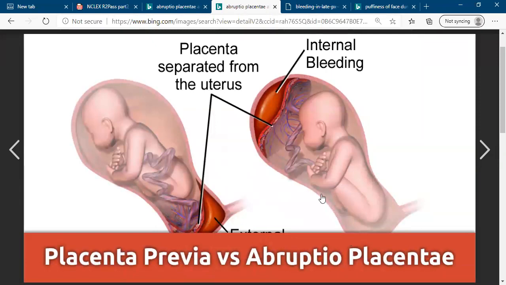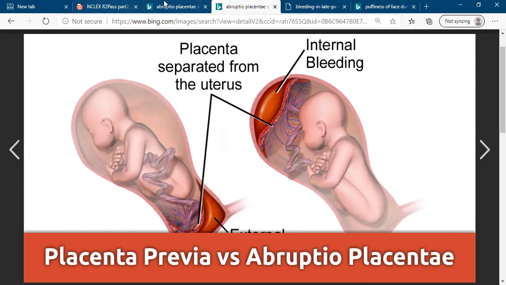And placenta abruptio: the placenta position is okay, but blood clot forms. So if it ruptures, bleeding starts. Here, the position of the placenta close to the orifice is called placenta previa, with a chance of bleeding.